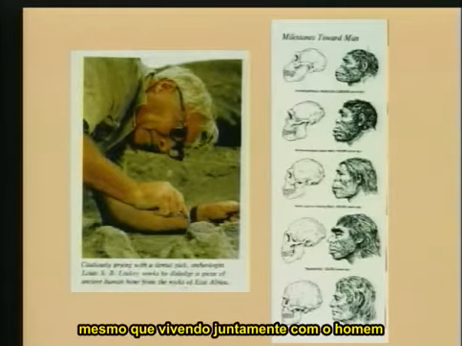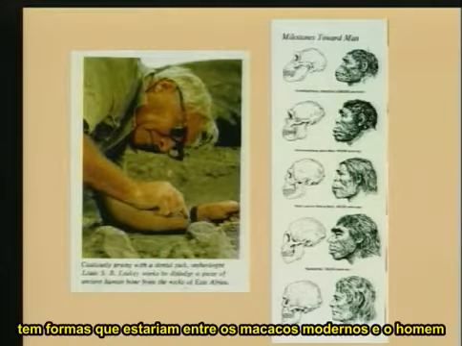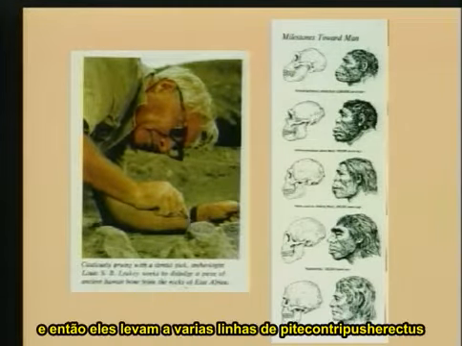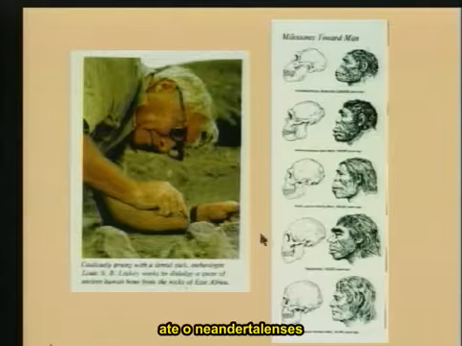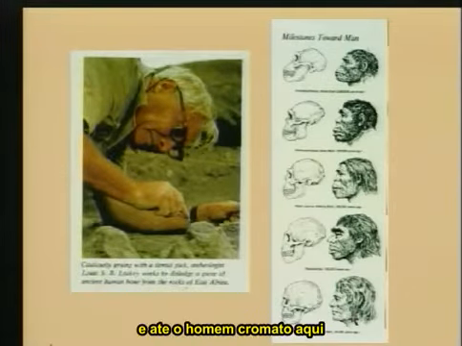But they say that this ape, although he lived together with modern man already, has features that were probably in between sort of the really modern apes and man. And then they take him through various lines of Pithecanthropus erectus and Homo erectus to Neanderthalensis over there, Neanderthal man, and then Cro-Magnon man over there.